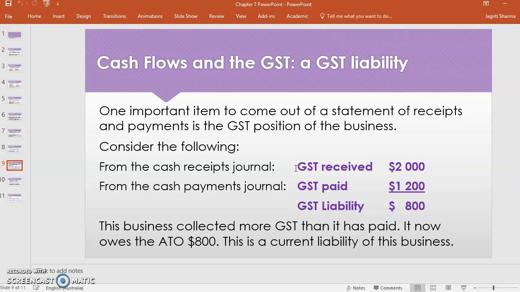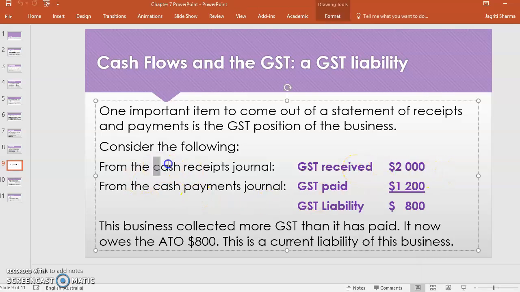This is another example, not the one we just did. From the cash receipts journal, the GST received was $2,000. From the cash payments journal, GST paid was $1,200. So the GST we still have to pay is $800, because we've collected this GST and paid this GST. That is why it is called the GST liability.